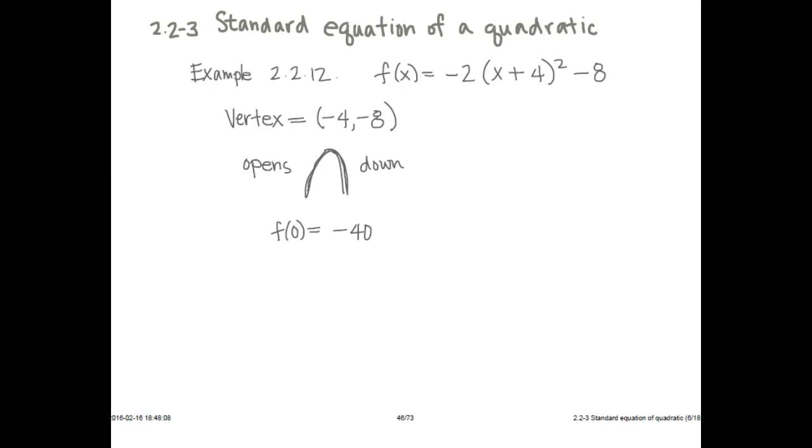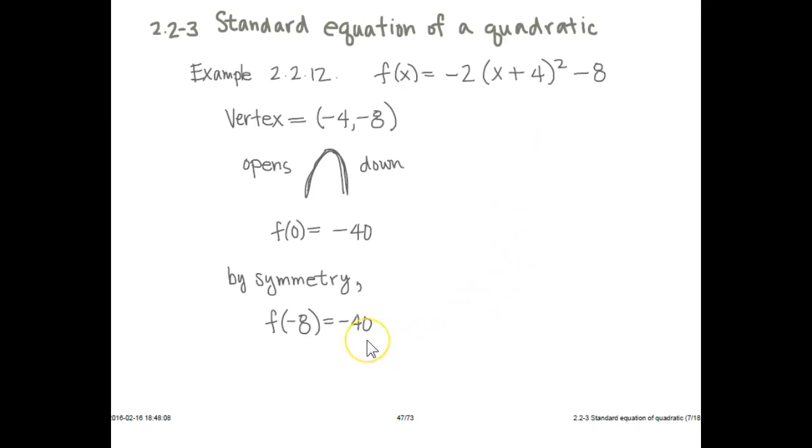Alrighty, so we have that much, and I already figured out what f of 0 is. Now it's a little more complicated than it was in the general form. I got to plug a 0 in here and think, okay, -2 times 4 squared minus 8. And here we have a vertex 4 units to the left of the y-axis.